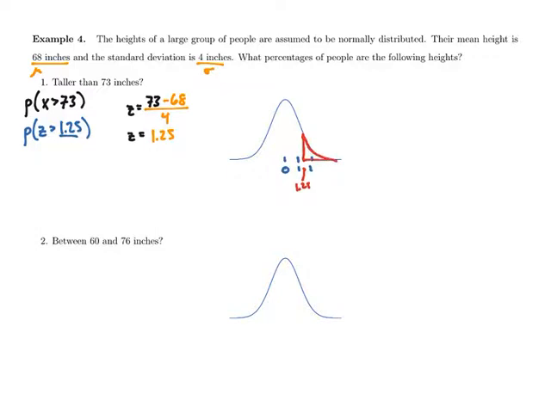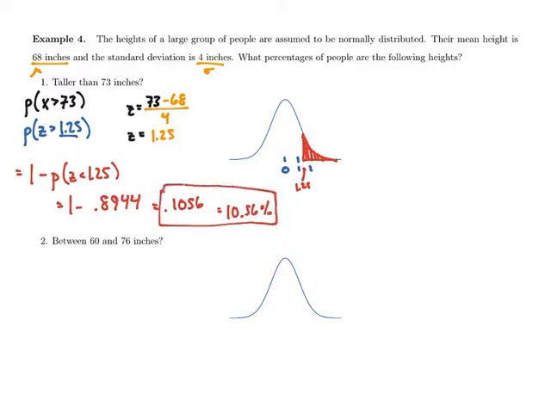To find this area, this is 1 minus the probability that z is less than 1.25. And this was 1 minus 0.8944, which was 0.1056 or 10.56%. All right, so again, the difference is we need to find the z-score first to get this. And that's the percentage of people taller than 73 inches is 10.56%.